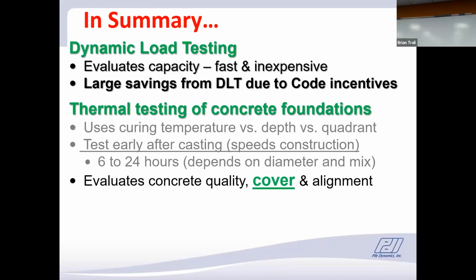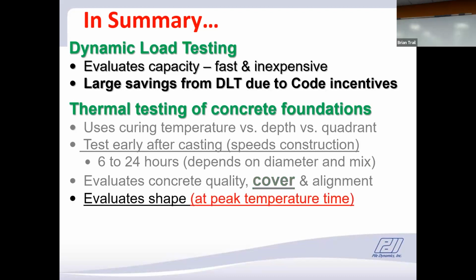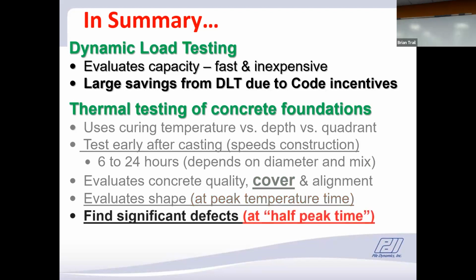So that's the major advantage of this particular method. And we can evaluate the shape at the peak temperature time. You saw that diagram earlier. And we can find significant defects at the half peak time. You can find them at other times as well, but they're most obvious at that half peak time.